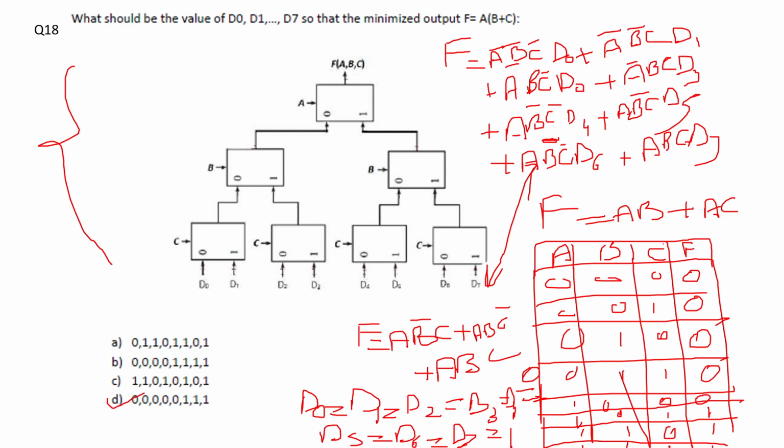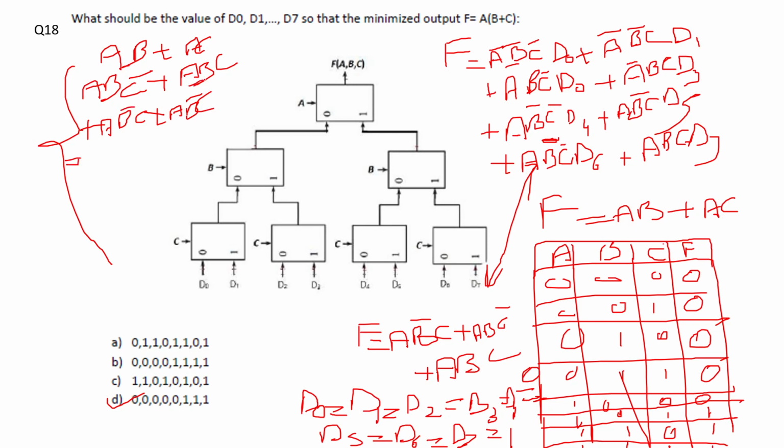You could have easily done it like this, simply. We have reduced the function a b plus a c, and then we can write it as a b c complement plus a b c plus a b c plus a b complement c, right? So these two terms are common, so this is equal to summation of min terms 5, 6 and 7.